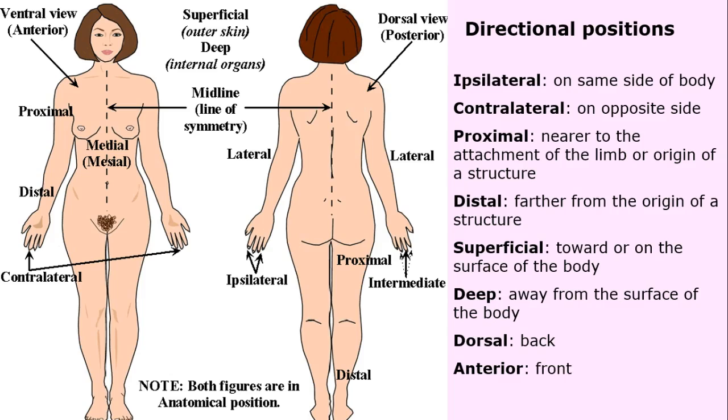Superficial means it's near or on the surface of the body. So when we're doing a dissection or surgery, superficial is going to be the skin, usually the skin. Deep is away from the surface, so there we're looking at fat, layers of muscle. Dorsal is the back, and anterior is the front.